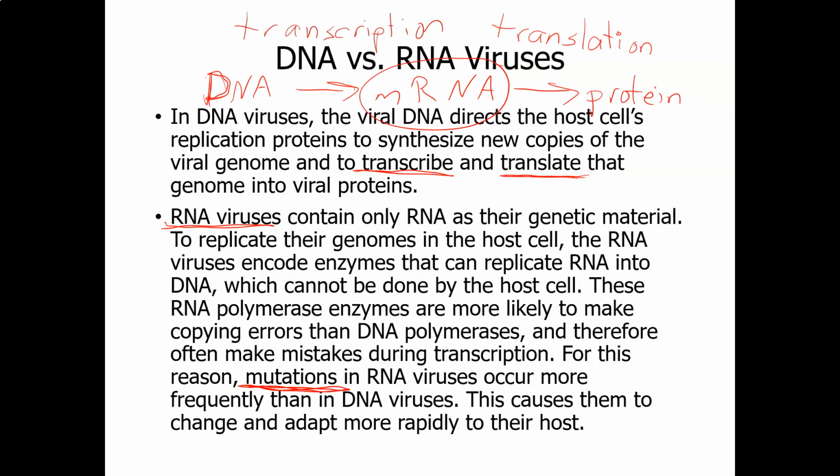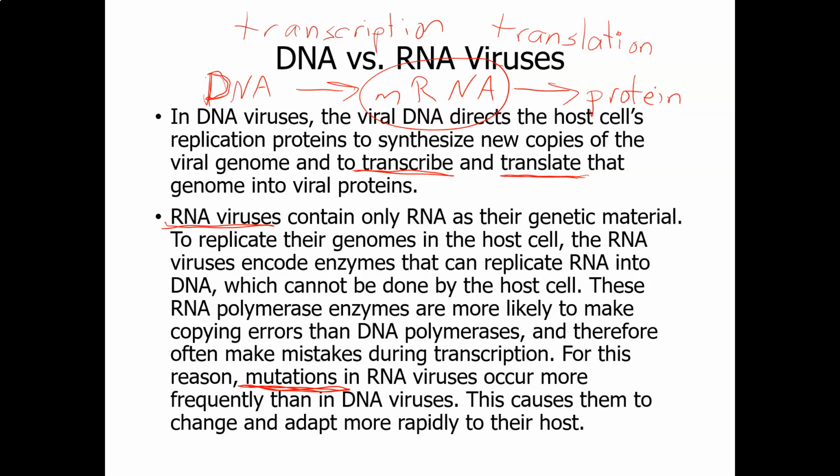Most of the time, the RNA gets converted into DNA, and then transcription and translation proceed from there. But the difference in RNA and DNA viruses is that RNA viruses tend to mutate at a lot higher frequency.